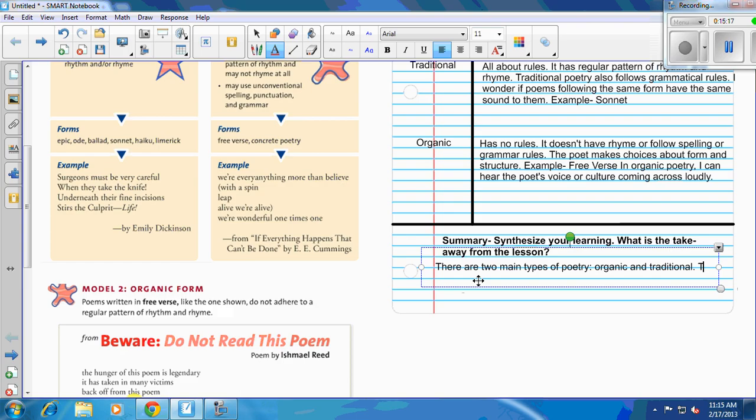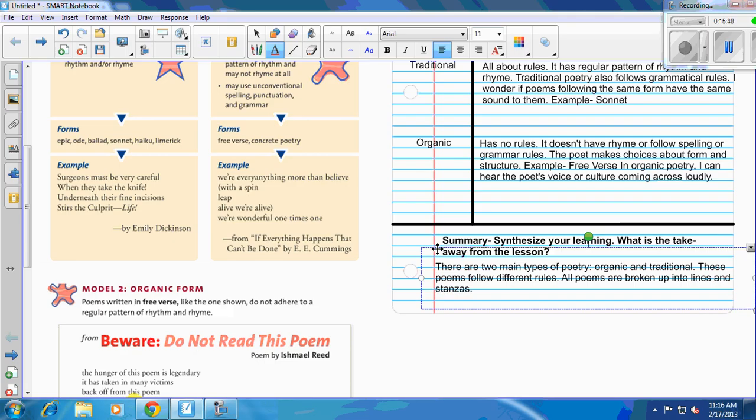These poems follow different rules. All poems are broken up into lines and stanzas.